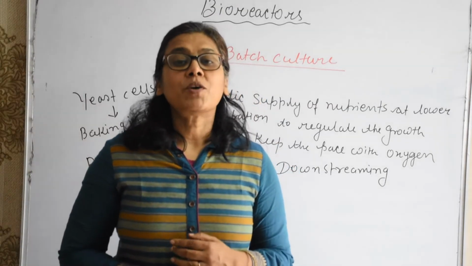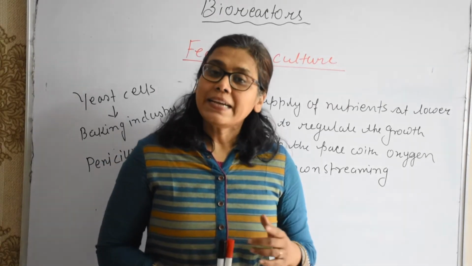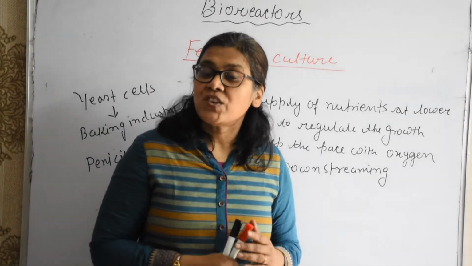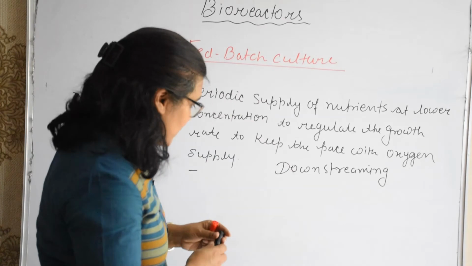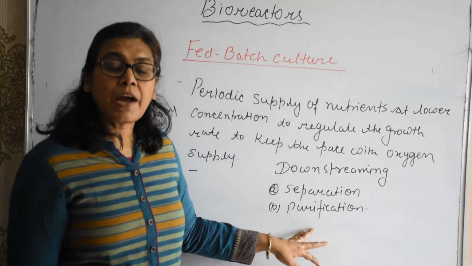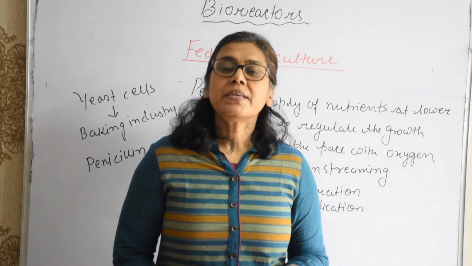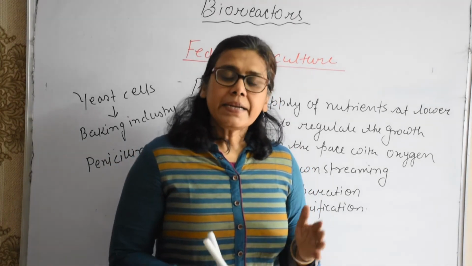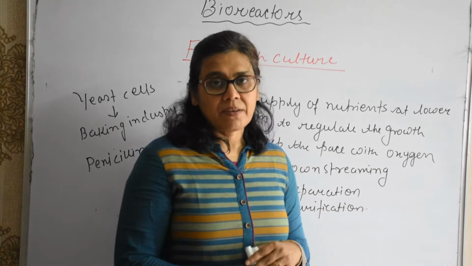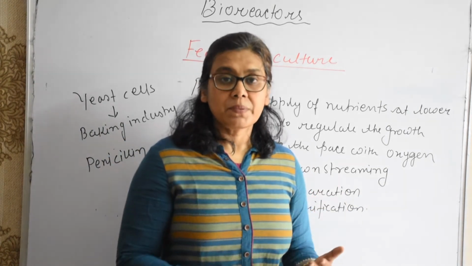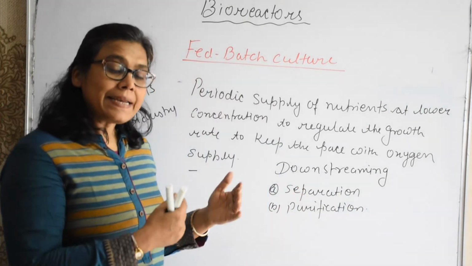After formation of the products in the bioreactor, the next step is downstream processing, which includes separation and purification. After separation and purification, the product is subjected to quality control testing and kept in a suitable preservative. If it is a drug which can be used for therapeutic purposes, then it goes for clinical trial.